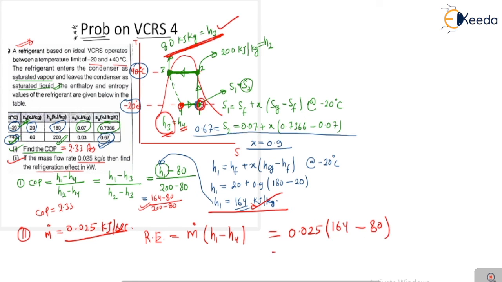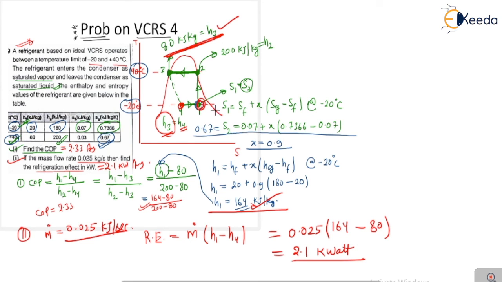By applying all the given data, we can easily calculate our refrigeration effect in kilowatt, and the value is 2.1 kilowatt. So this is your correct answer.